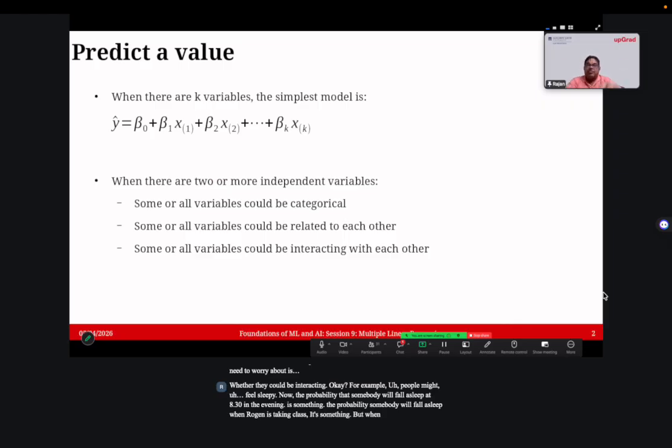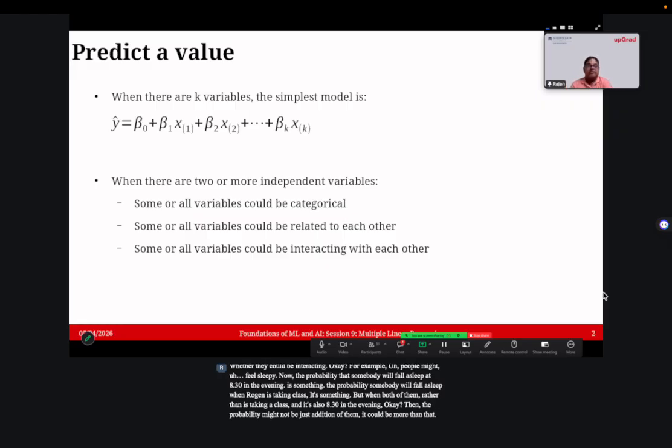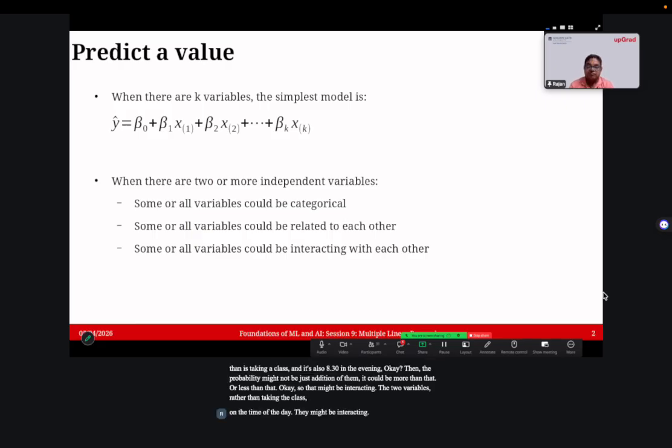But when both of them, Rajan is taking a class and it's also 8:30 in the evening, then the probability might not be just the addition of them. It could be more than that or less than that. Okay, so it might be interacting. The two variables, Rajan taking the class and the time of the day, they might be interacting, right?